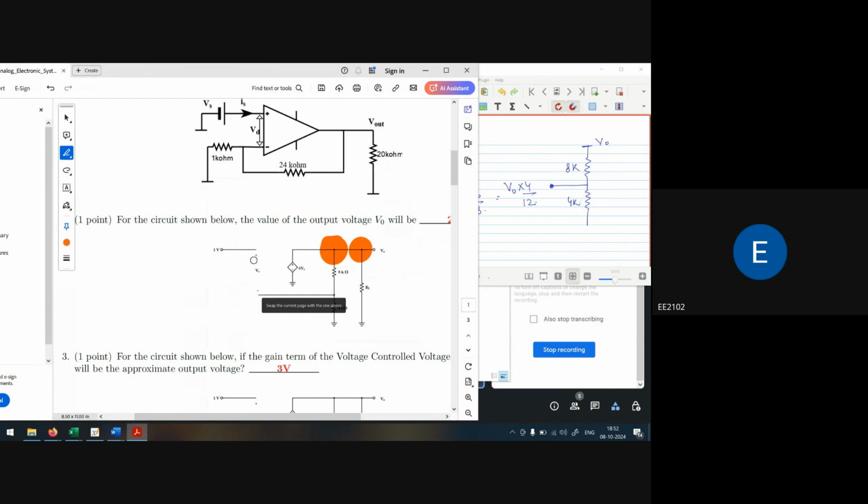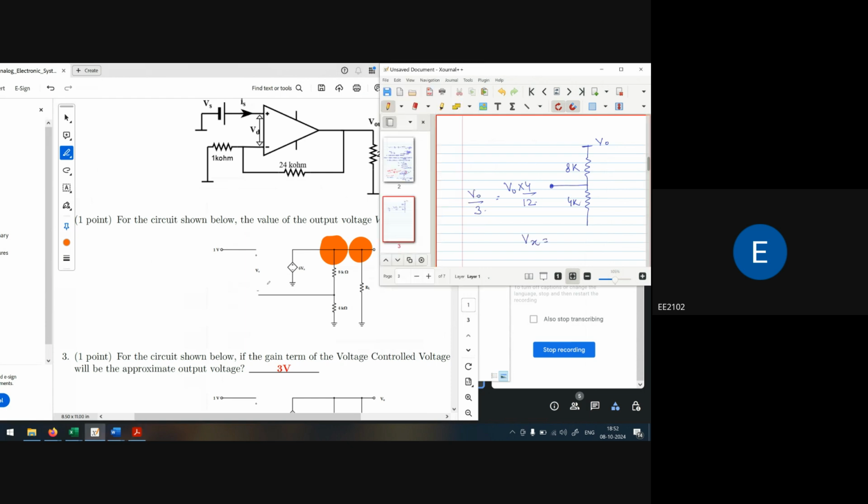Similarly, 1 minus this voltage is equal to Vx. So what is the value of Vx? 1 minus V0 by 3 is equal to Vx. Any doubts?